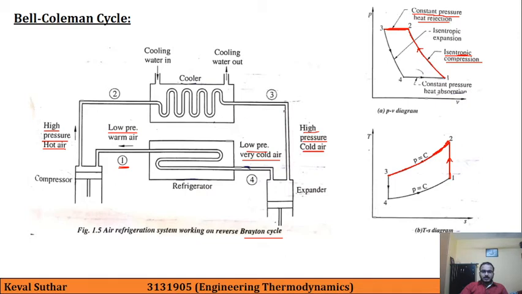Next is process 3 to 4, that is in the expander, where it is again isentropic expansion. In expansion, pressure is reducing and volume is increasing. And here the entropy remains constant.